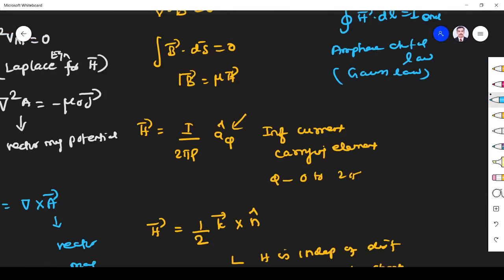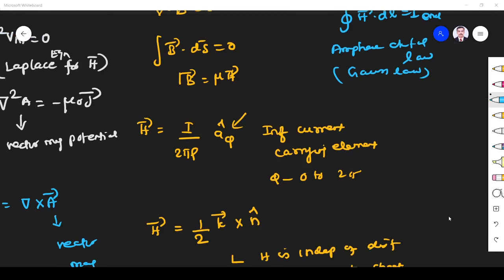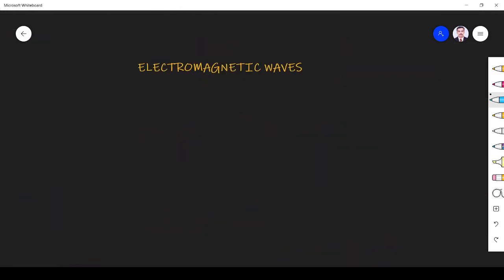Next we go for waves. Next we learn about electromagnetic waves. The fundamental for electromagnetic waves, we know, is Maxwell's equations. So what is the first Maxwell's equation?